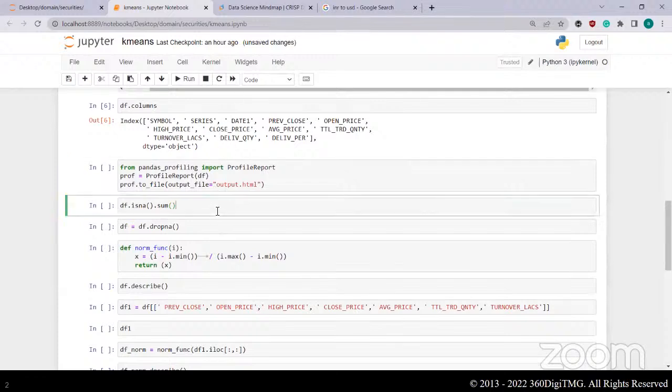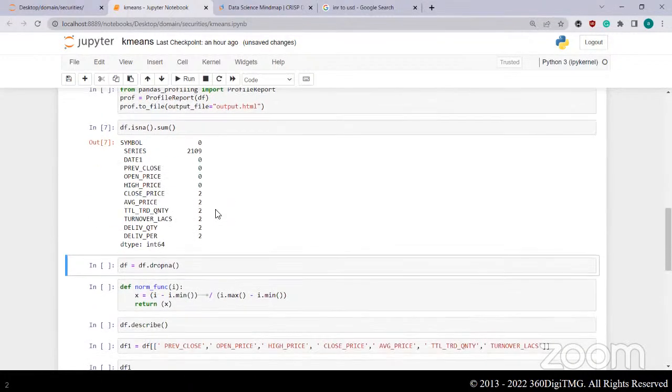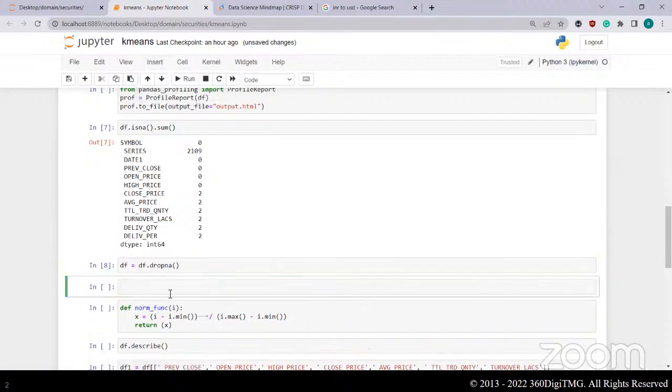All right. And then I'll come back to this cell in a bit. First, we'll check for null values. Then we'll drop these null values. Similarly, we can also check for duplicates.